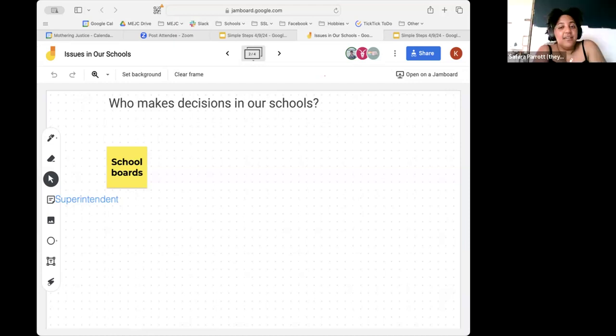Yeah, a lot of the time parents especially are kind of distanced from even being able to identify who the decision makers are.